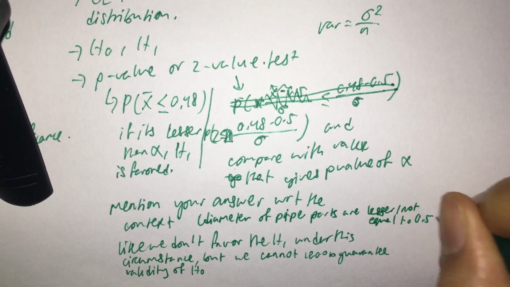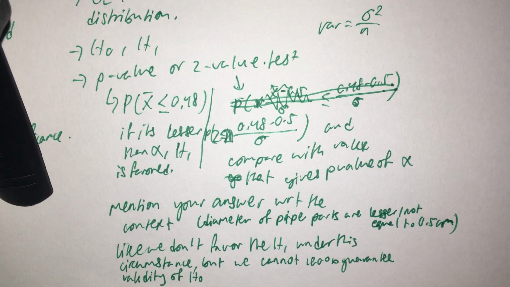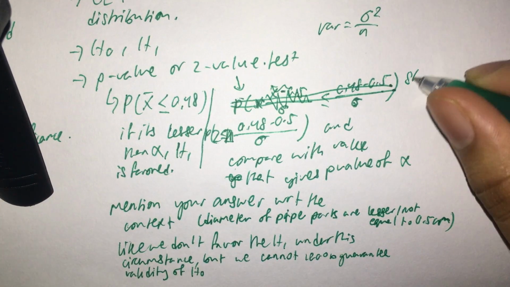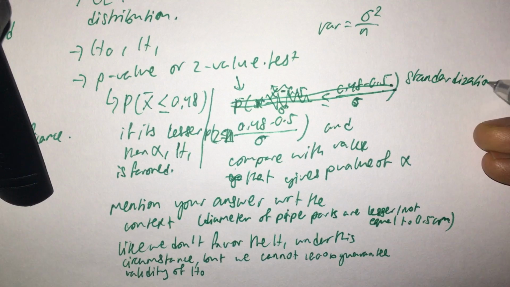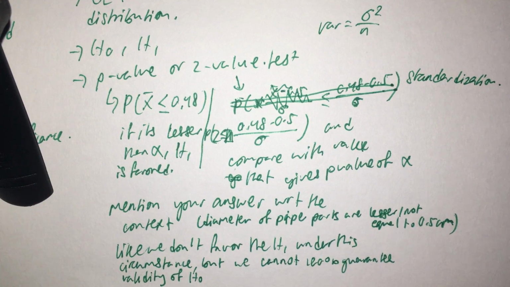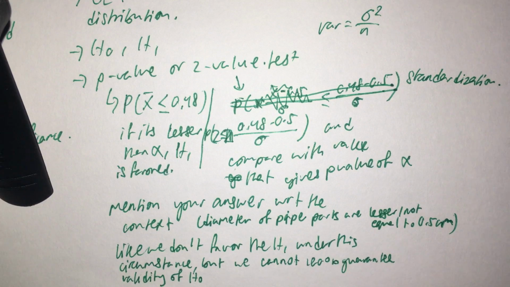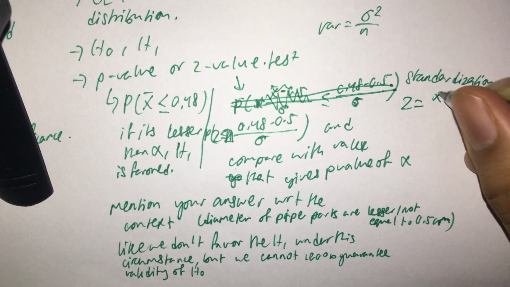Right, so that's for the p-value. If you're looking at it in terms of the z-value, usually you end up doing a standardization. So you standardize the entire distribution that you have, and then you can calculate the z-value instead of the probability.